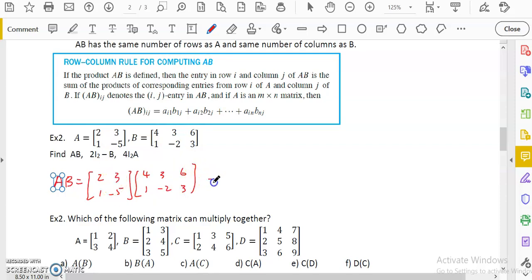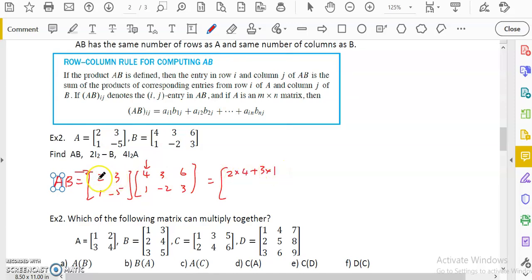Now I'm going to do the multiplication. See how I do. First, I look at the whole row, 2, 3, and the column 4, 1. So for one entry, I do 2 times 4, and then plus 3 times 1. So that's just one entry.